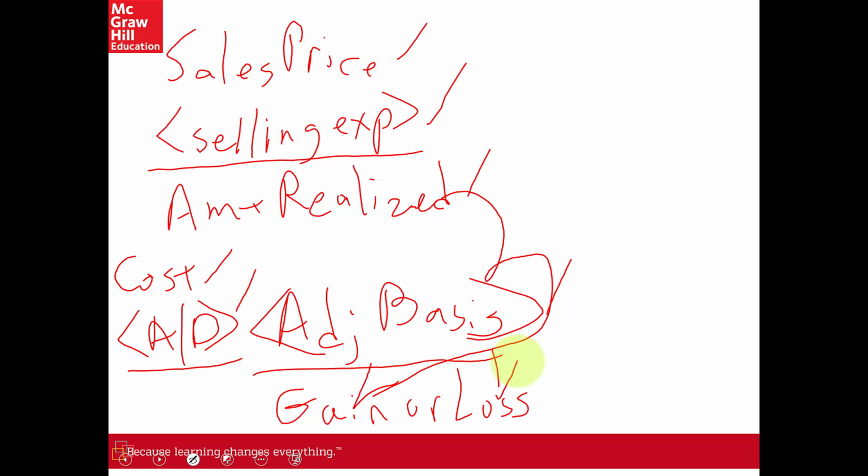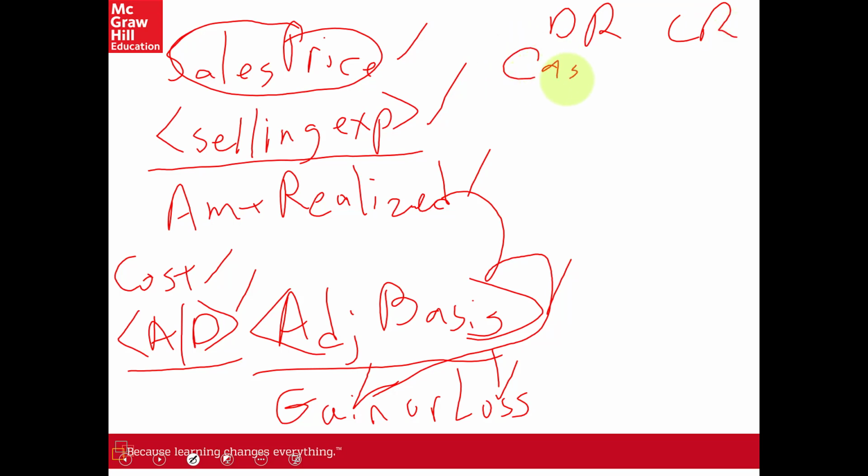Now let's say you need to do the journal entry for this. You go back to your accounting class or your intermediate financial. This sales price here probably would be cash you're collecting. That's the simplest situation. So remember, journal entries, debit and credit. And if you're receiving cash, you're going to be debiting that asset, increasing the cash you receive.